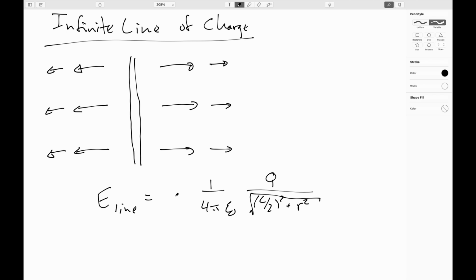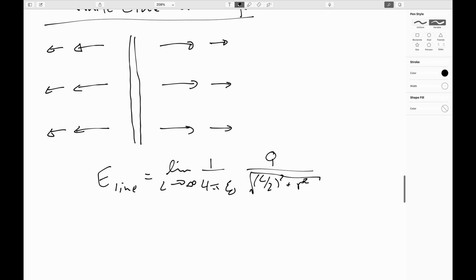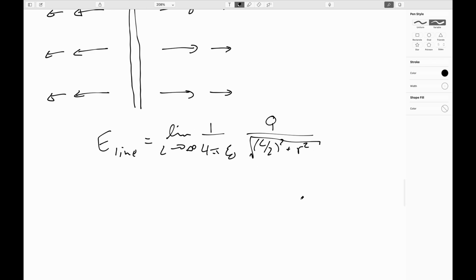And we take the limit as L goes to infinity, but we have to keep in mind again that Q is going to go to infinity as well. So we just remember that Q over L equaled lambda. So then that means that Q equals lambda L, and then we'll make that substitution.